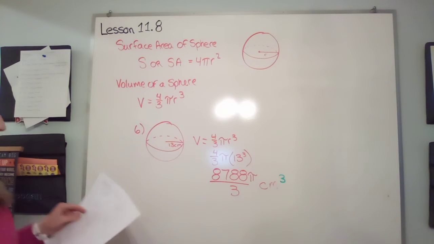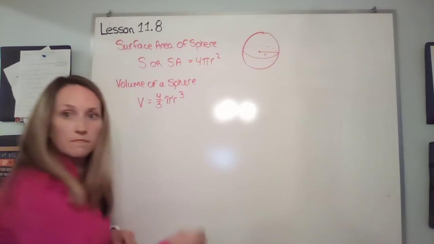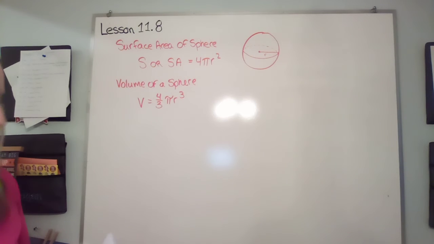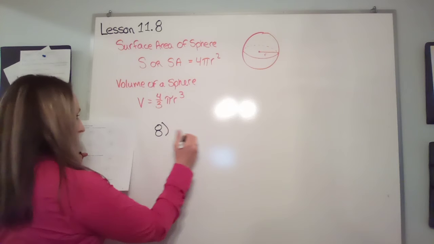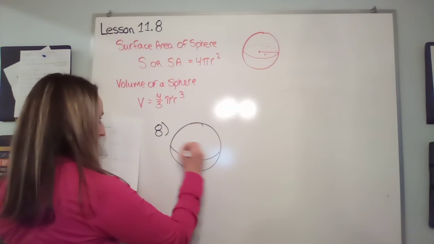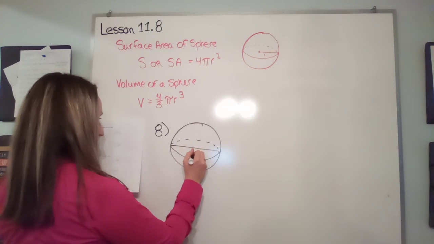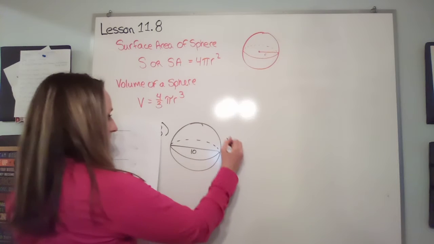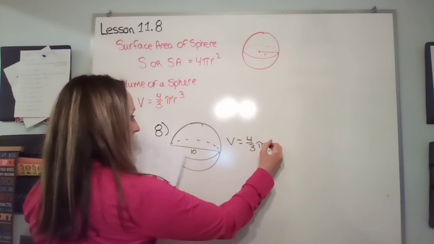Let's go ahead to problem 8. We have a sphere. Okay, so the volume is equal to 4/3 pi r cubed.